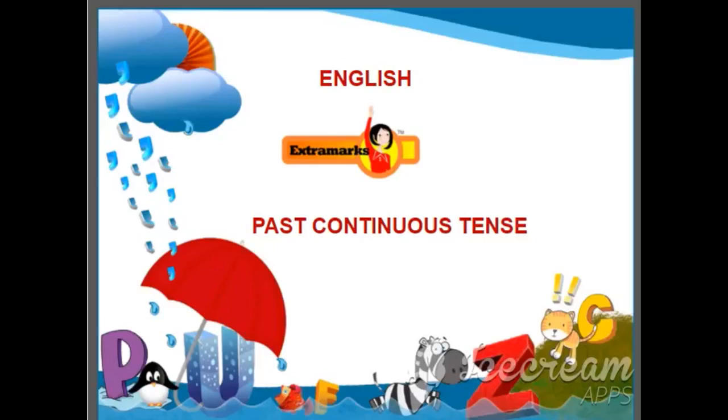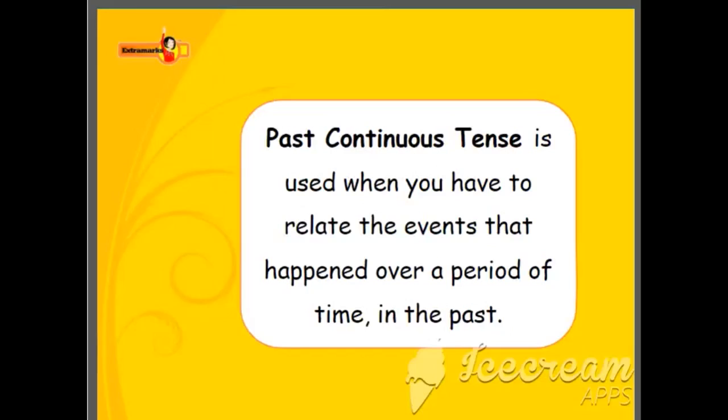English past continuous tense. Dear friends, today we shall learn about past continuous tense, which is used when you have to relate the events that happened over a period of time in the past. Let us look at a few examples and then learn more about this tense.